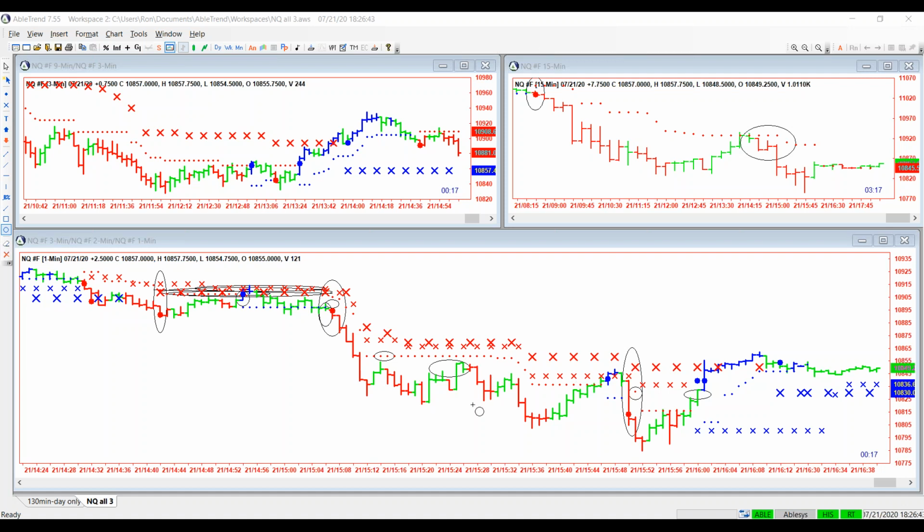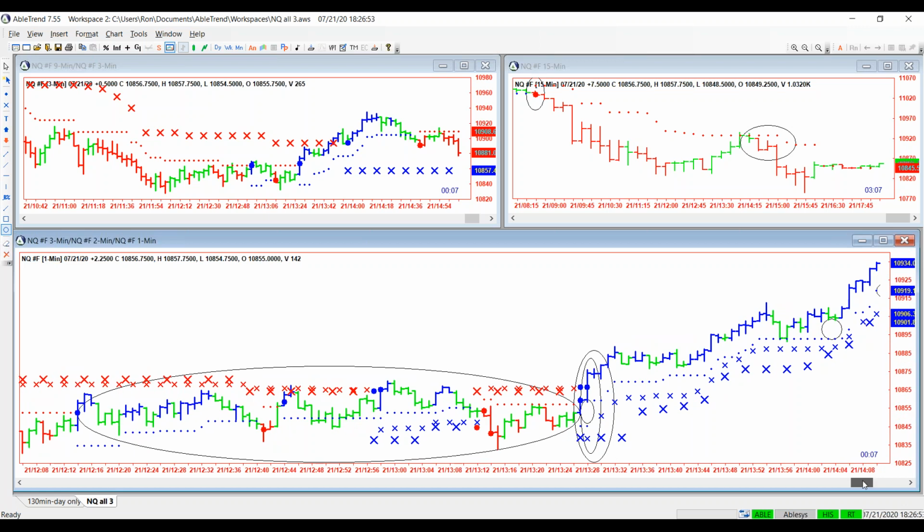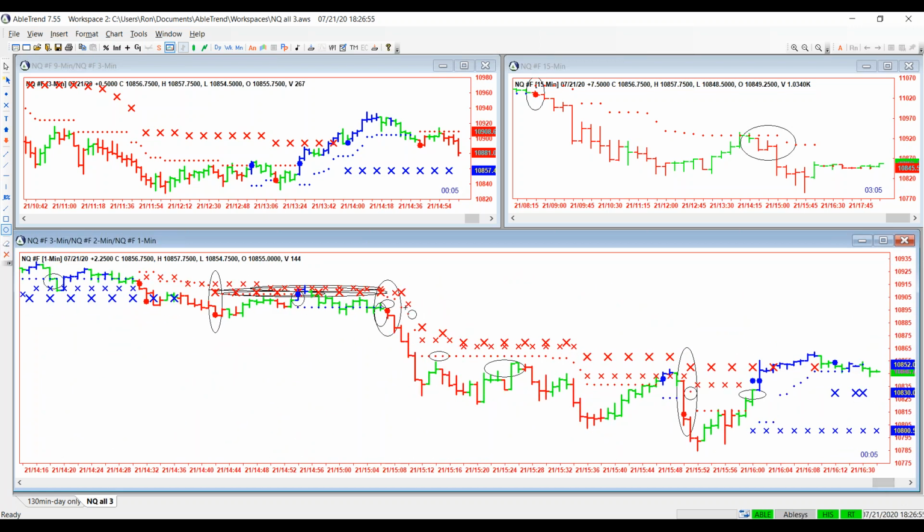When you get the blue bar and the blue dot, you go long, you buy it the first time it comes in, like right there. As long as you stay above the blue dots, you're safe. Stay in the trade. And when you're short, as long as you stay below the red dots, you're safe to stay short. You're still in the downtrend. Stay in the trade. You're safe.